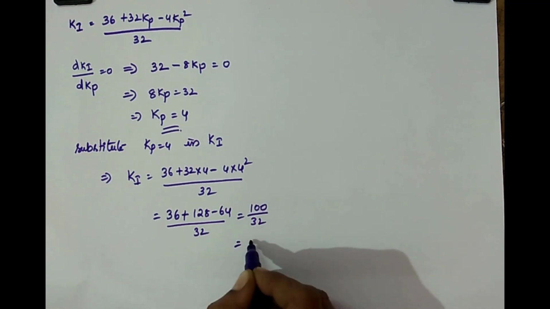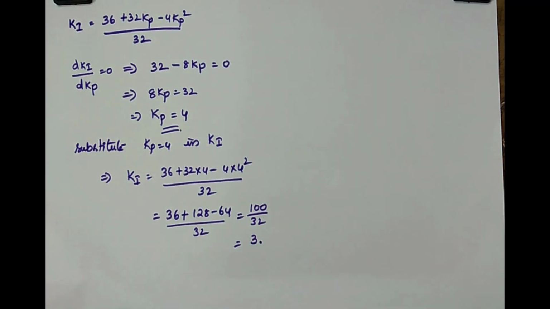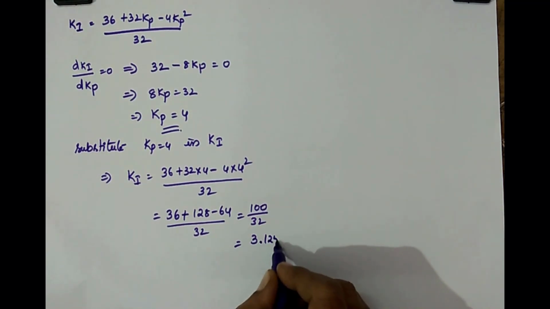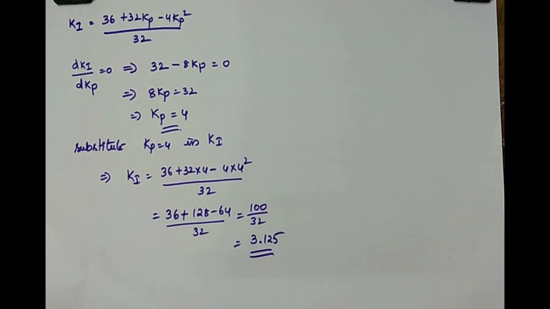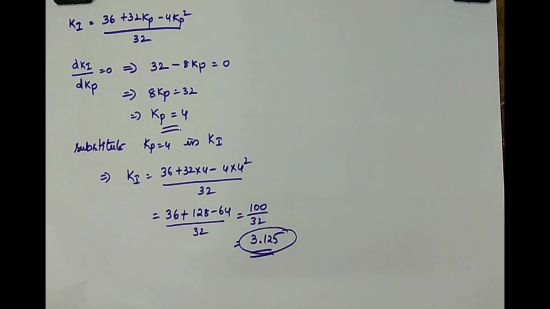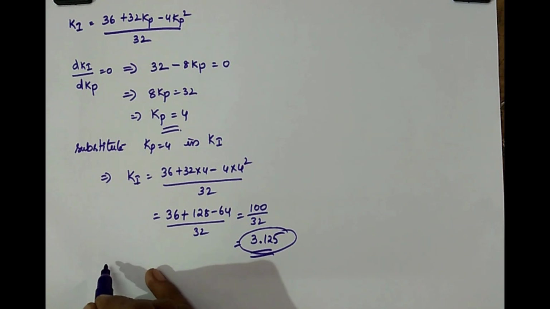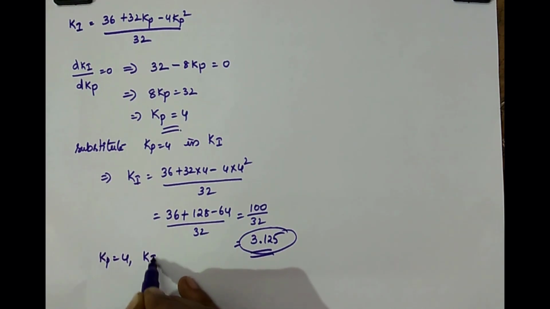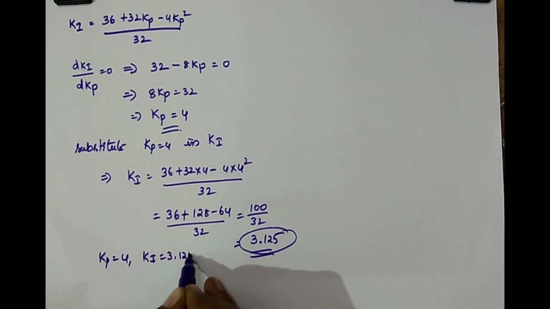The answer is 3.125. Now this is the maximum value of Ki at which the system is stable. So the values of Kp and Ki for system stability are Kp equal to 4 and Ki equal to 3.125.